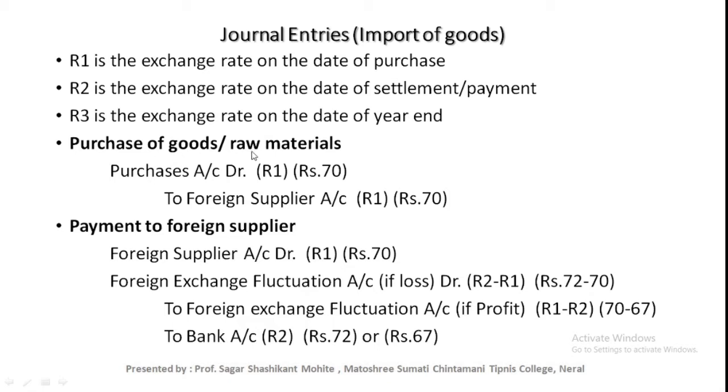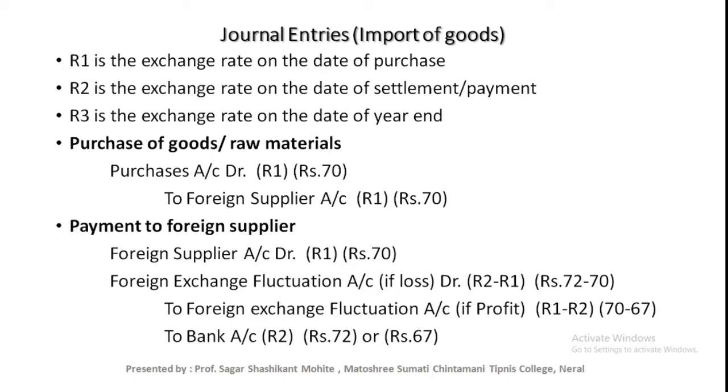At the time of purchase of goods, the purchases account is debited to the foreign supplier account, and the amount will be R1. R1 means the exchange rate on the date of purchase. We will pass this entry by multiplying R1 by the number of dollars.